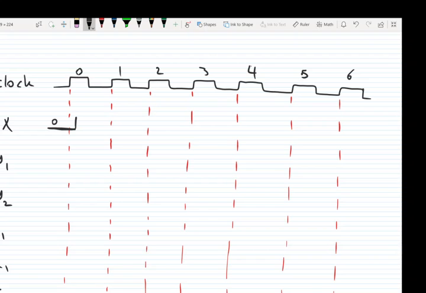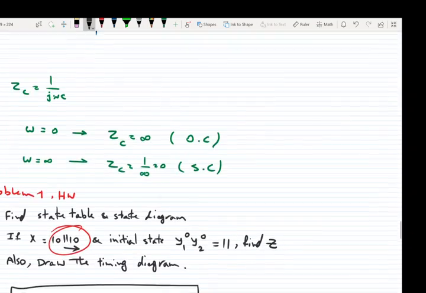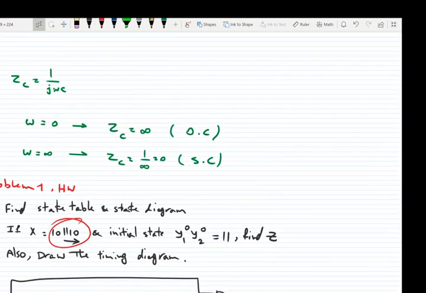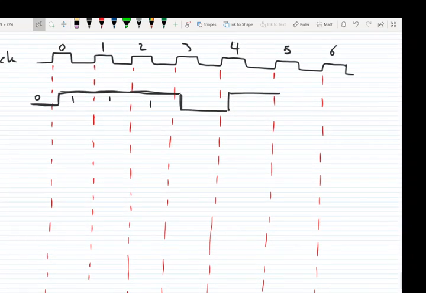We should consider this delay for the whole timing diagram. So for 3 clock cycles it has a value of 1, then it becomes 0 for 1 clock cycle, then changes again to 1, and after that 1. That's enough, we go up to this point.